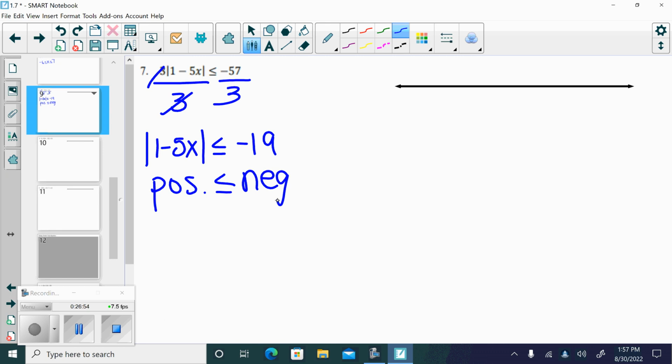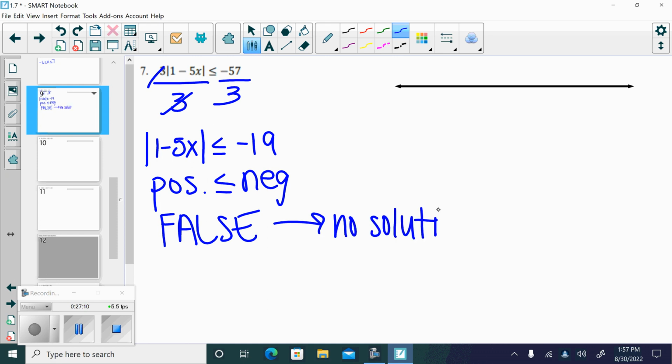Now that's going to be no solution because that statement is false. Your positive number is never going to be less than your negative. So that's false. And because I got a false answer, it is no solution. Very good. No solution is your answer.